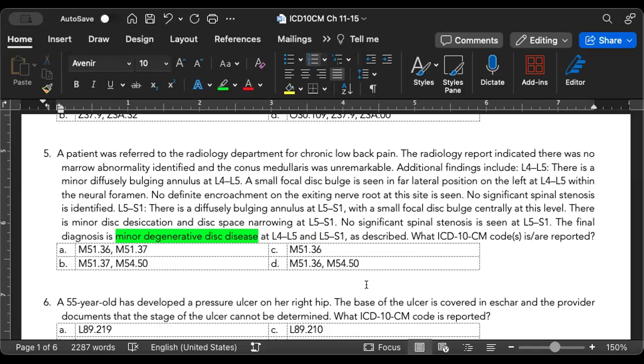Underneath degeneration, we are looking at intervertebral discs, because we're seeing it at L4, L5, and L5S1. So in between those vertebrae, so intervertebral. And then the first section that we're looking at is lumbar, right? Because our L4, L5 is within the lumbar region.